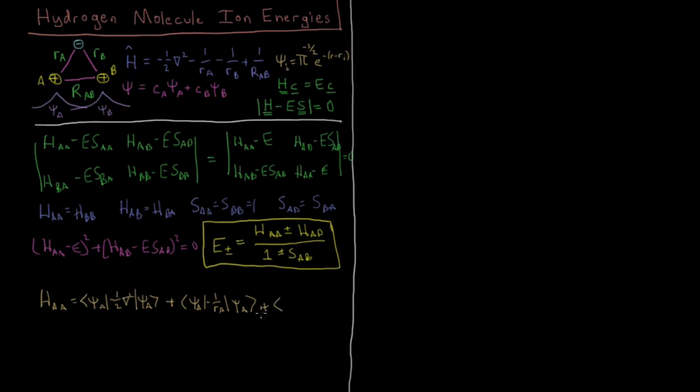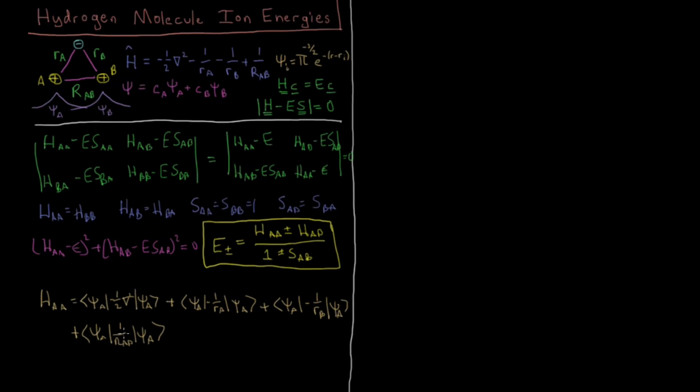plus our next term involves the interaction of an electron in basis function A with nucleus B, and then plus our final term, which is going to be psi A, 1 over RAB, psi A. Okay, so there are immediate simplifications we can make.